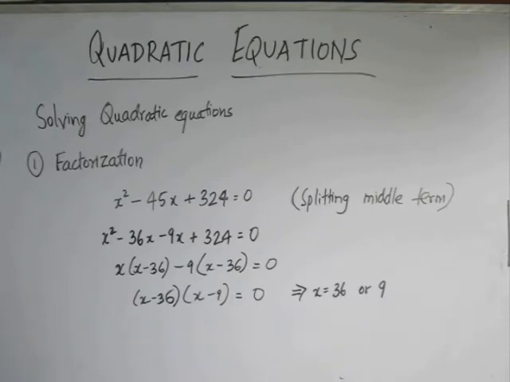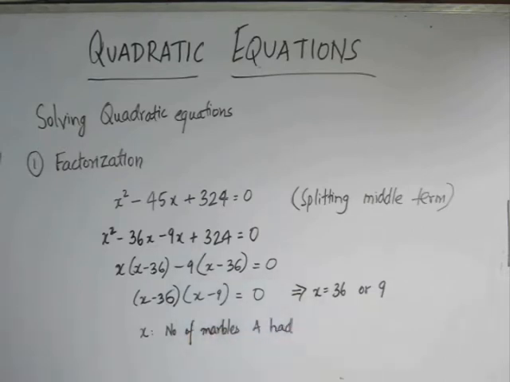So this means that 36 and 9 are the roots of this particular equation, x square minus 45x plus 324. If you remember what exactly x was when we assumed the equation, x was actually the number of marbles that A had initially.